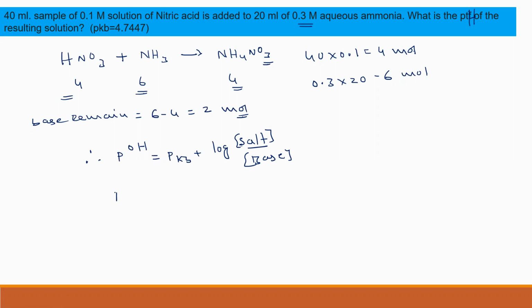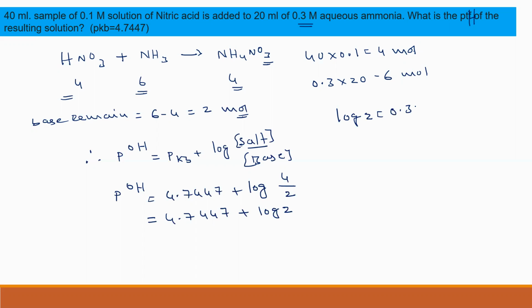So pOH is equal to 4.7447 plus log of 4 by 2, which is 4.7447 plus log 2. We know the value of log 2 is 0.30. So 4.7447 plus 0.3 is 5.0457.